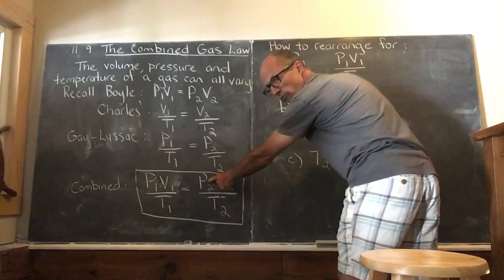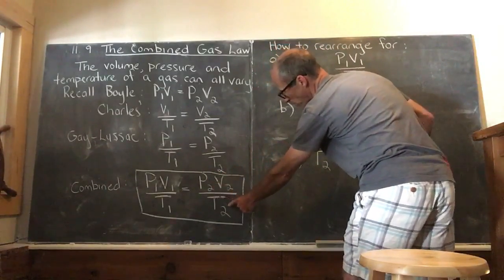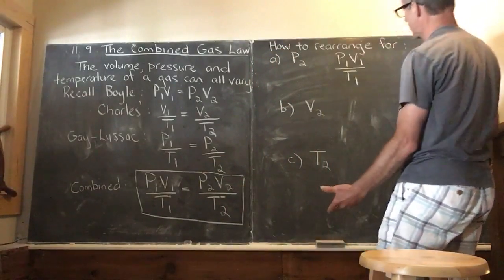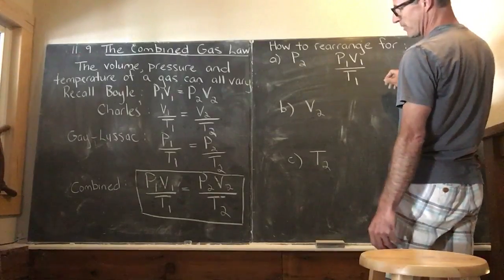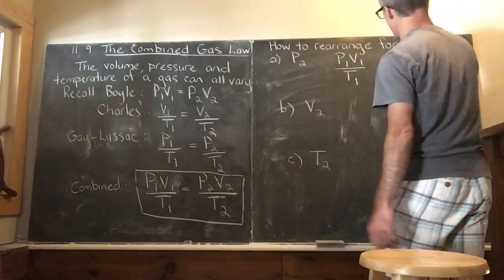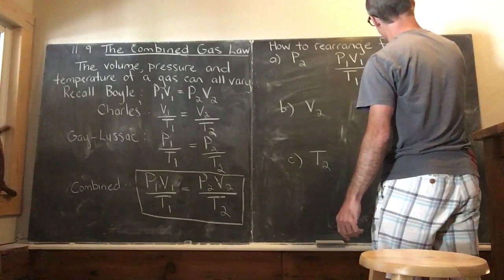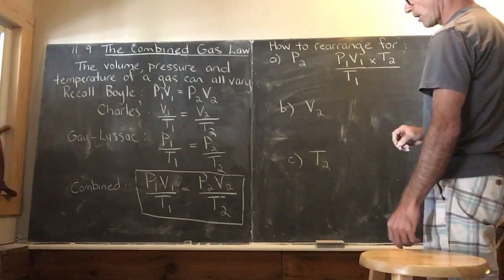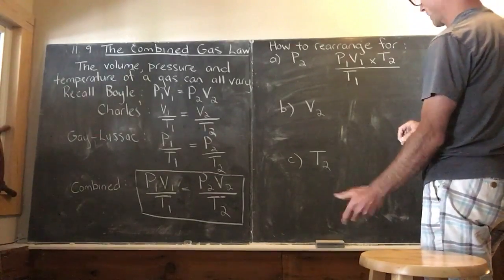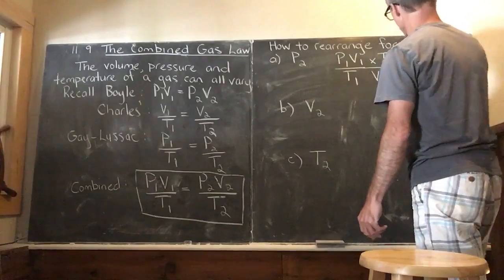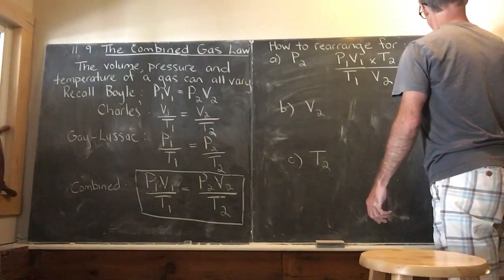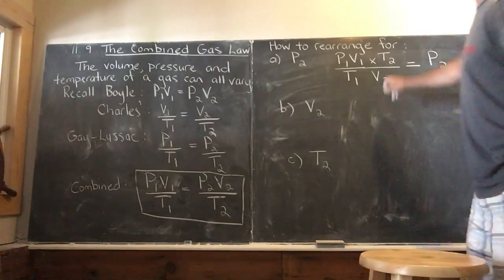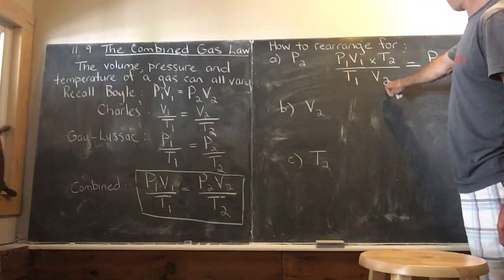If I want to solve for P2, then I've got to multiply both sides by T2 and divide both sides by V2 in a sense. So what we get is that the T2 on the bottom on the right ends up going to the top on the left. And the V2 on the top on the right goes to the bottom on the left like this. So that's as easy as it is. P2 is P1V1 over T1 times T2 over V2.